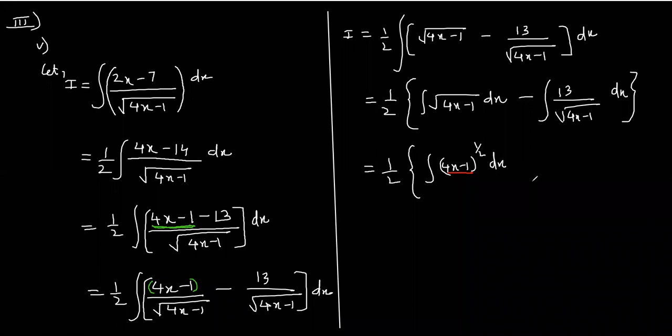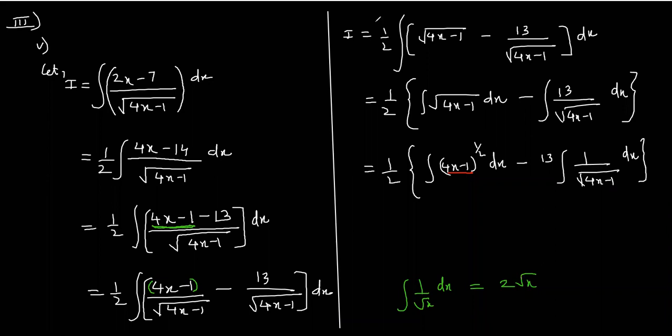What more do I have here? I write this 13 out: 1 upon root of 4x minus 1 dx. Which result am I planning to use? Yes, very much, we have this result in the list: the integration of 1 upon root x dx. 1 upon root x is 2 root x plus c.